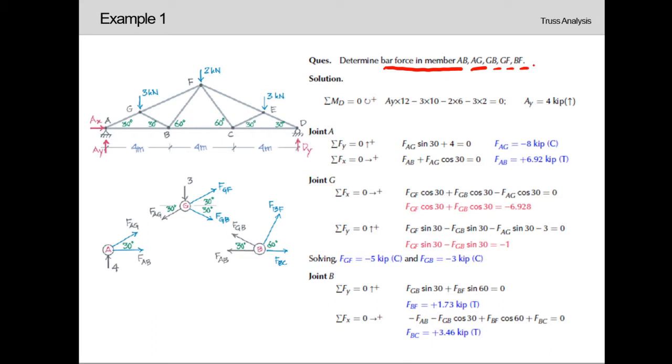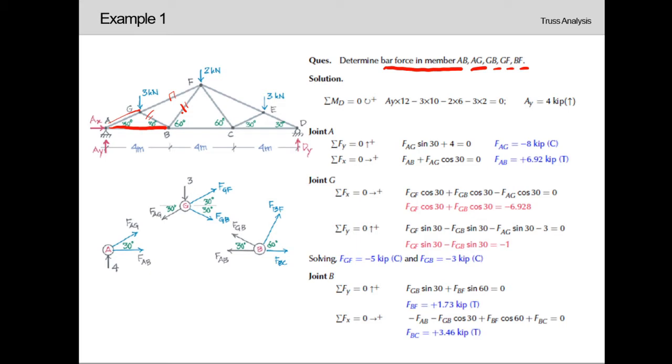That means the force that is going to be acting on the AG member, AB member, GB member, GF member and BF member needs to be calculated. We know that these members will be carrying tension or compression only. So let's see how to do this analysis using the joint method.